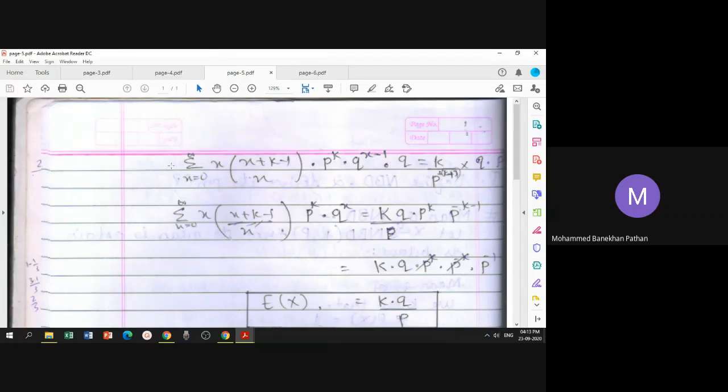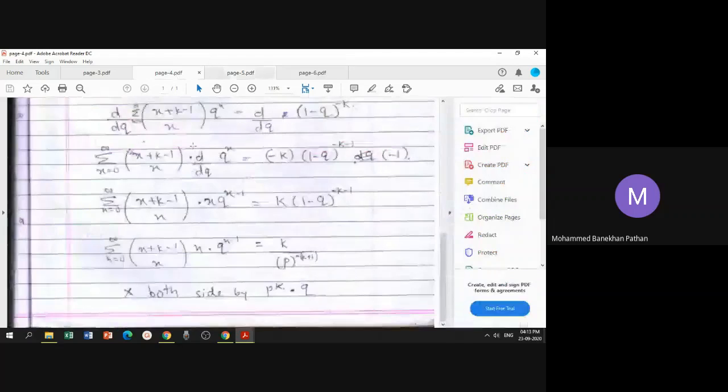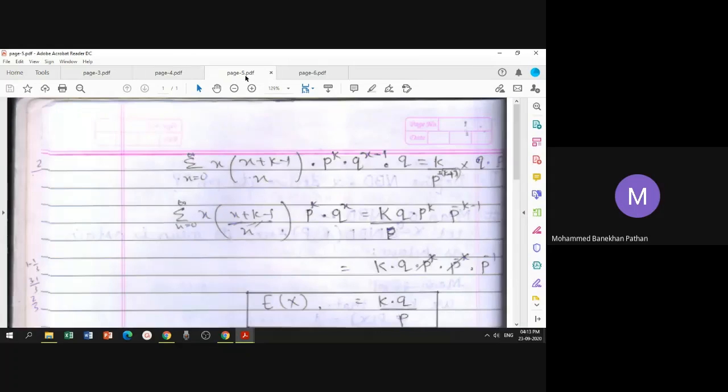This is a very important step in the derivation to remember. What is the important step? Multiply both sides by p raised to k times q. See now, what happened by this step? We multiply left, we multiply right, so there is no change from the previous step.